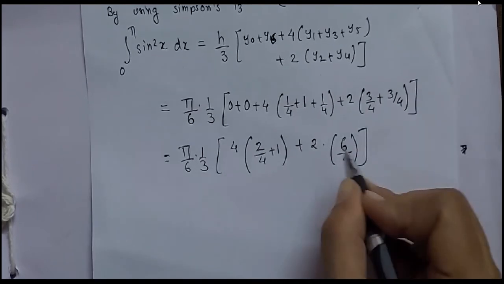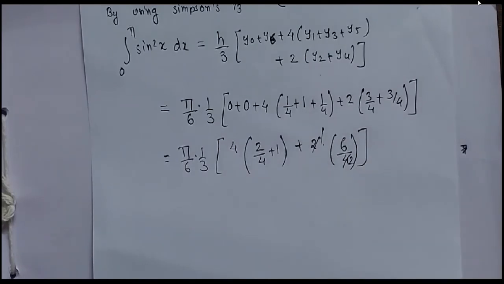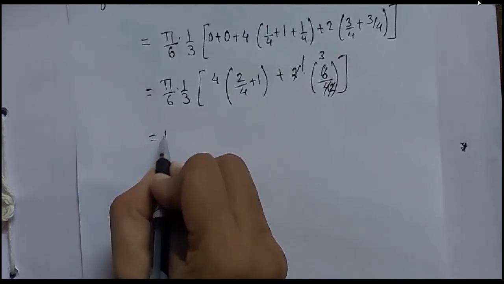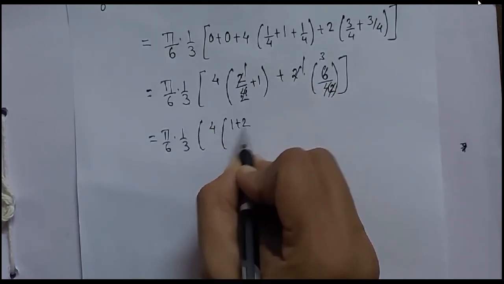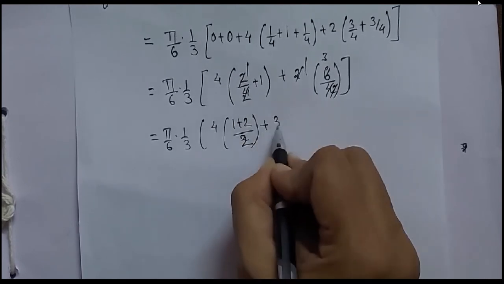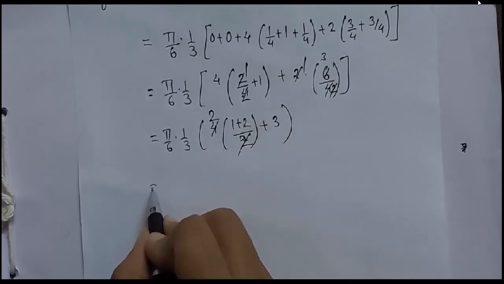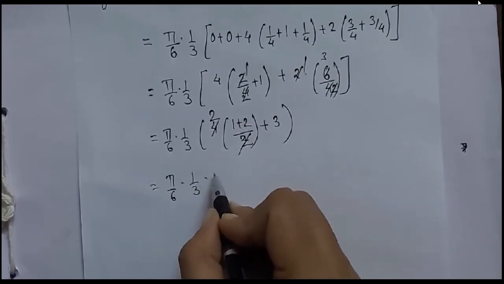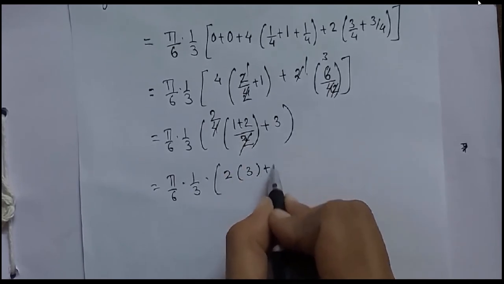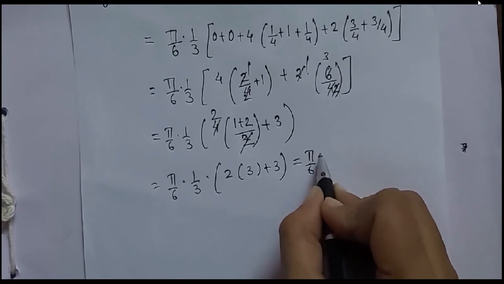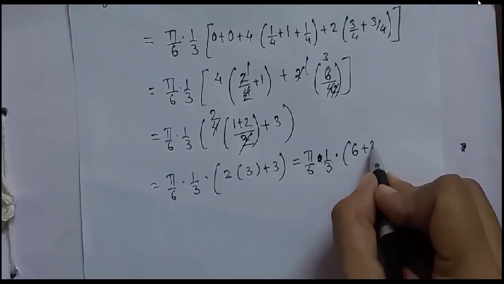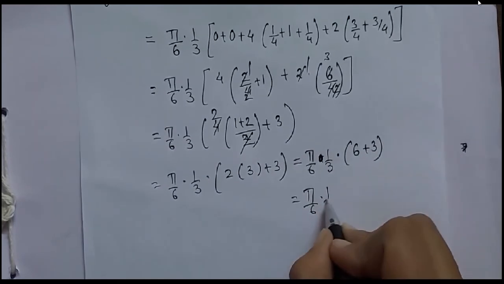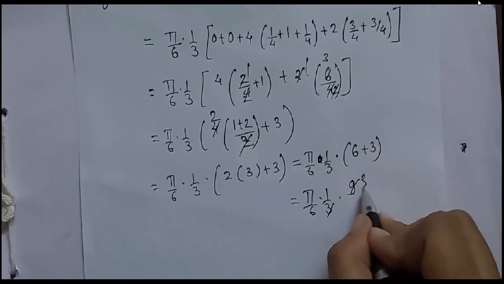pi by 6 into 1 by 3, 4 times 2 by 4 plus 1 plus 2 into 6 upon 4. Pi by 6 into 1 by 3, 4 times (1 plus 1 by 2) plus 2 into 3 by 2, pi by 6 into 1 by 3 into (6 plus 3), which is coming out pi by 6 into 1 by 3 into 9. 3 ones are 3, 3 threes are 9, 3 twos are 6.